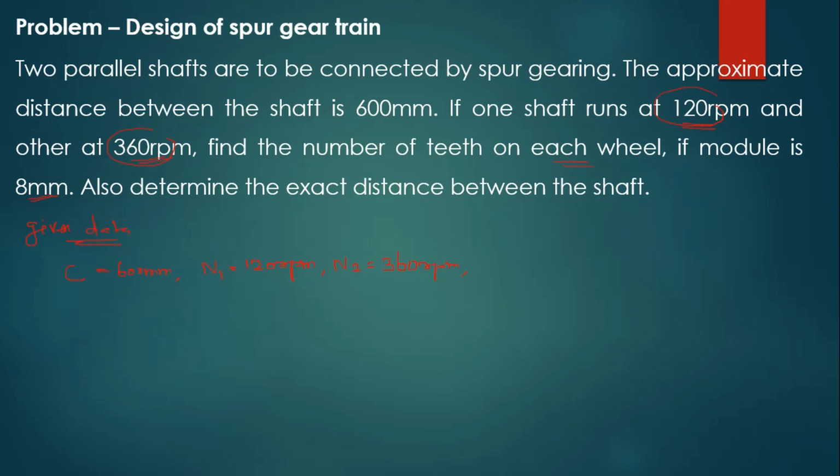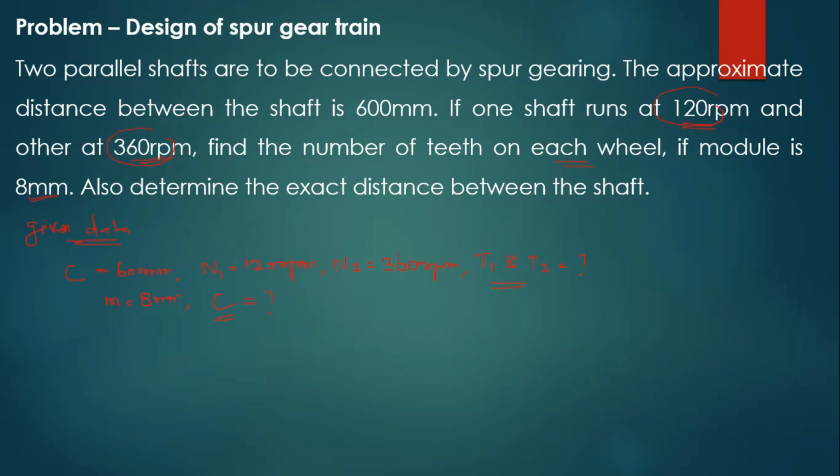So we have to calculate T1 and T2. The module is also given, M equal to 8 mm, and also determine the exact center distance. So we need to find C again after calculating T1 and T2.